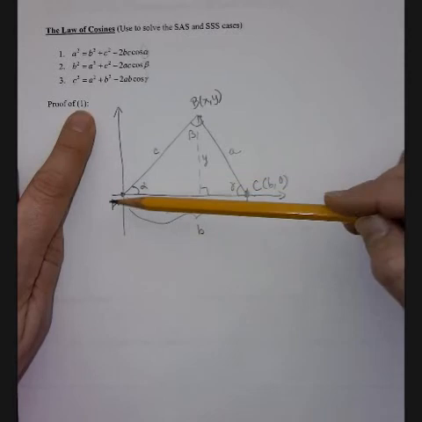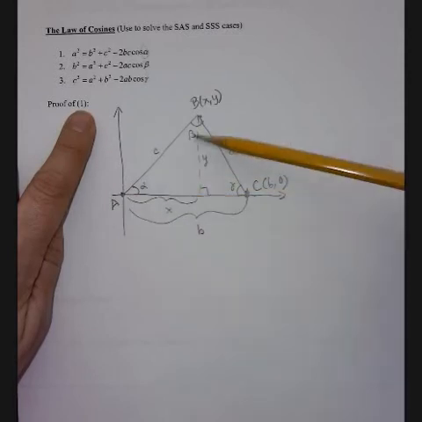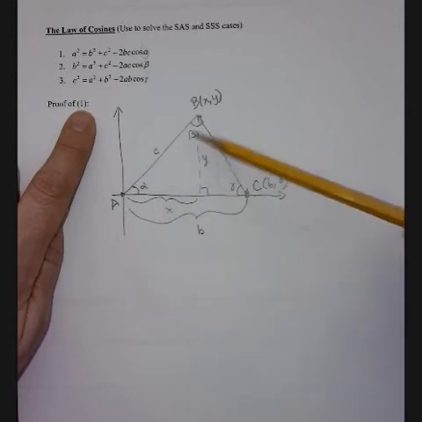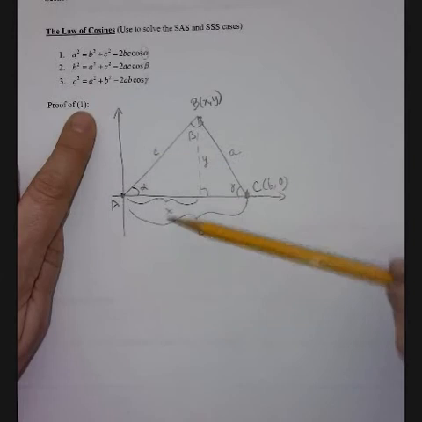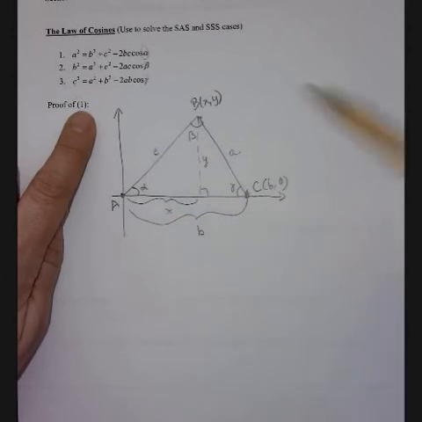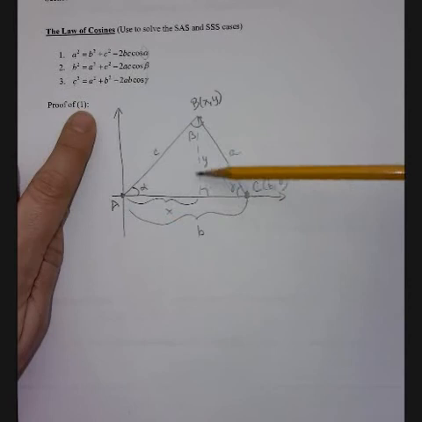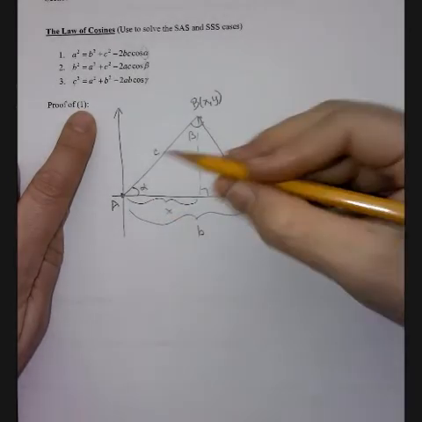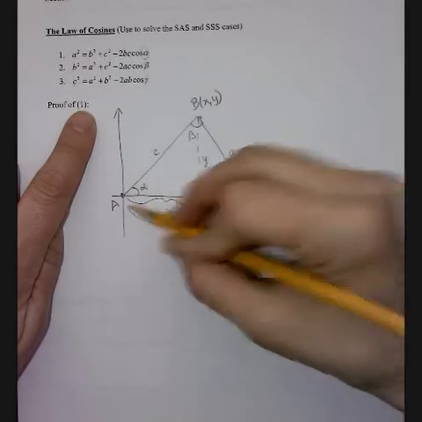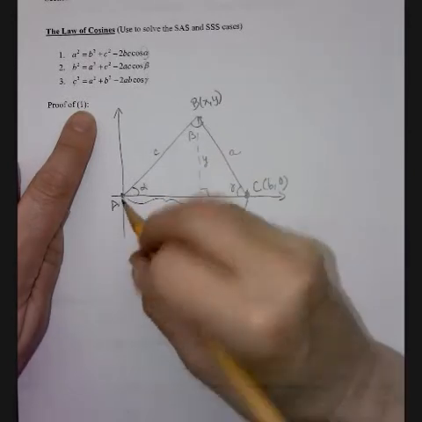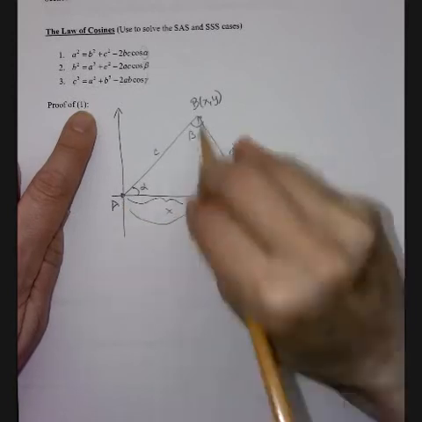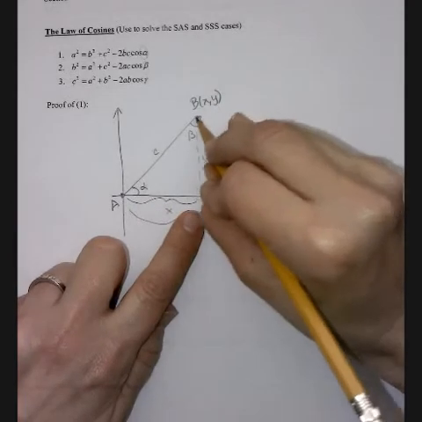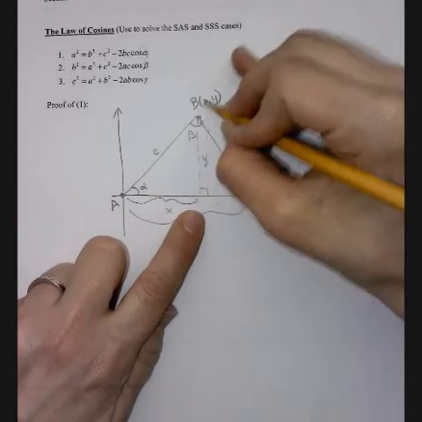So I got vertices A, B, and C. So this is alpha, beta, gamma, and of course sides opposite, right? So this side has length A, this side has length C, this side has length B. And then I drew the height of the triangle, and I called that Y. And this length here, the length between this vertex and the height, is x, because then I'm going to call that the coordinates of this vertex B. So you go over x up y, that's xy.